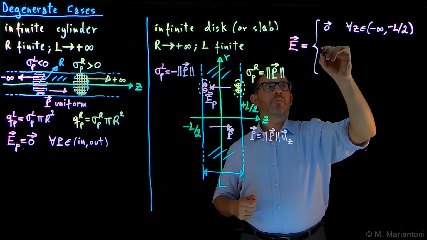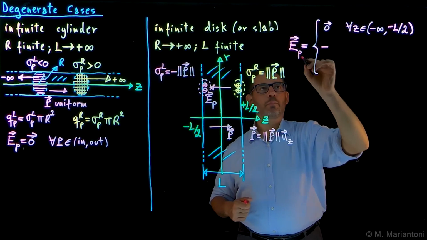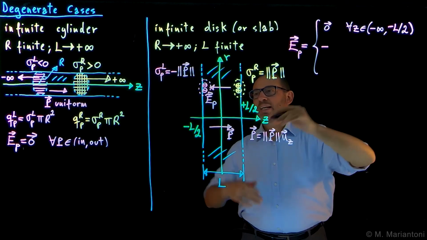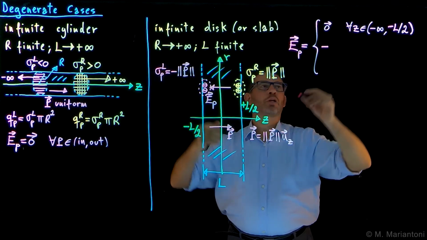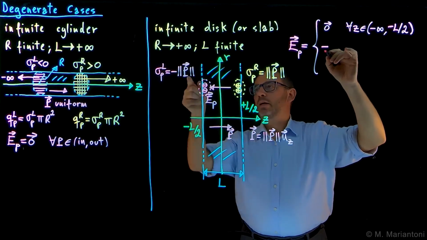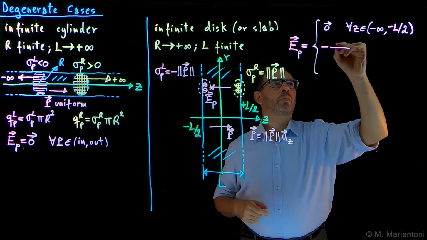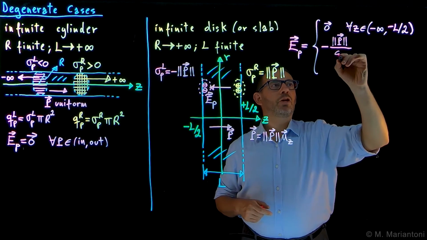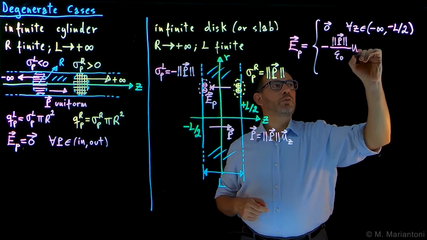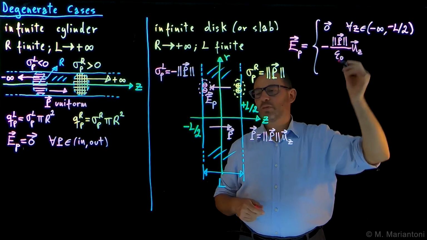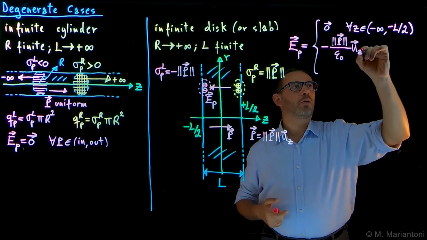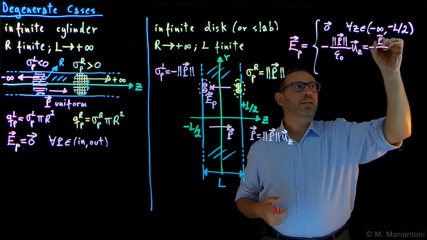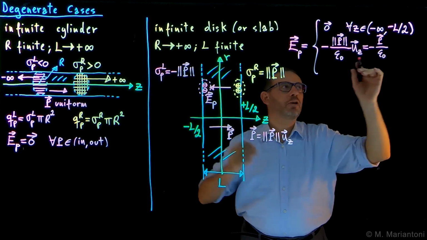In between, I have a field which is minus, this is EP, the polarization field, or depolarizing field, which again is minus sigma P L divided by epsilon naught. So if we express it already in this way, it is minus the norm of P vector divided by epsilon naught, but this goes along the UZ axis, and so P UZ is nothing but P in this coordinate system, therefore we can, for simplicity, write it as minus P vector divided by epsilon naught, regardless of any coordinate system if you want.